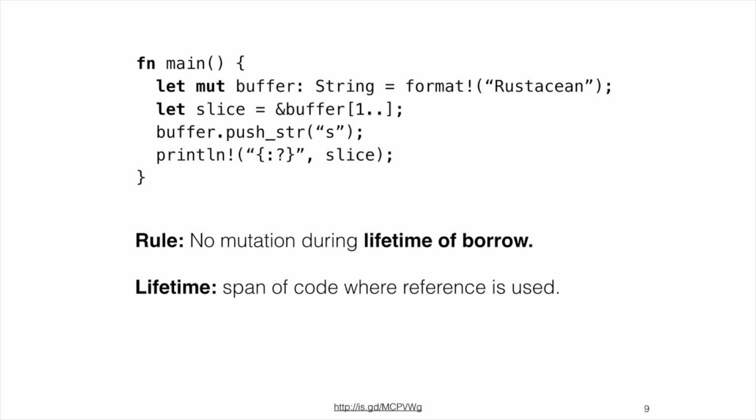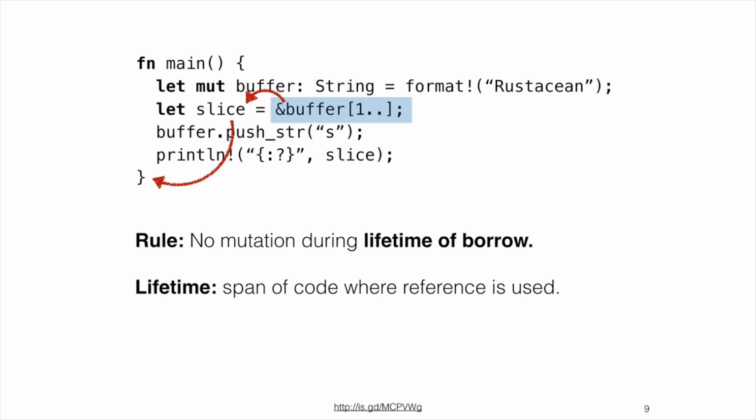So if we look at our example, the basic rule is when you borrow something, either as a shared borrow or a mutable borrow, you can't mutate it through the original path while it's borrowed, right? So here, when we make this slice, we're going to borrow the variable buffer, actually a subset of the buffer, but it's not an important distinction here.